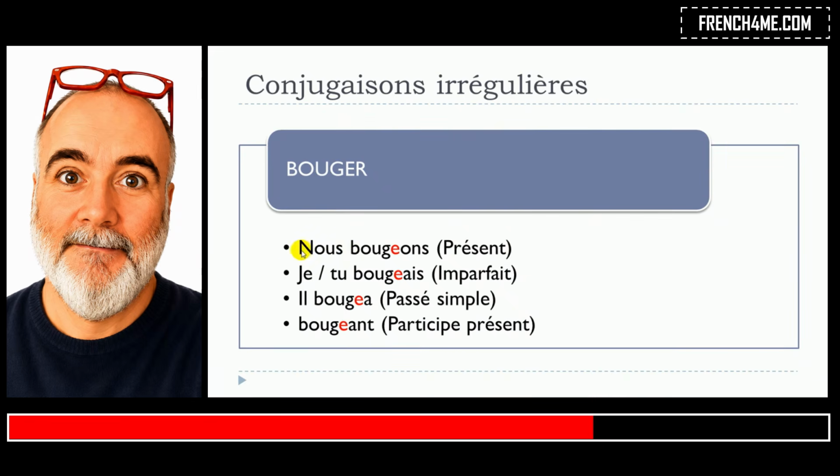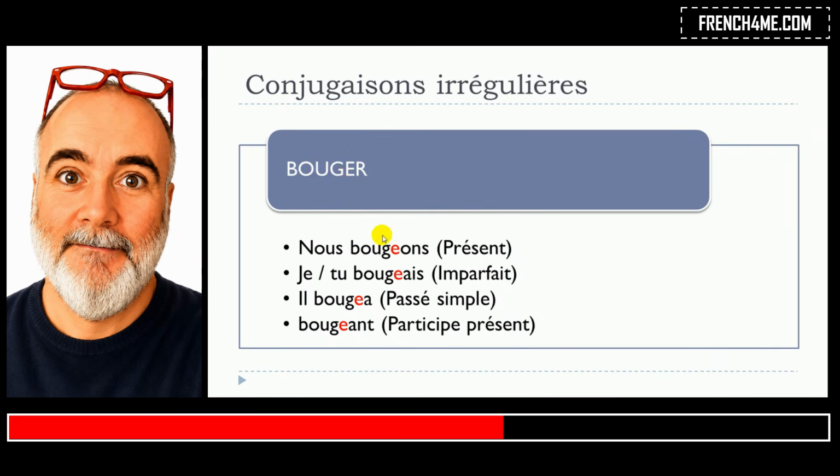Okay, so if you have a look, and if we would respect the rule, we should write it like nous B-O-U-G, so without this E here, O and S. But then let's just imagine that the E is not here. Phonetically, we would get the sound bougon, nous bougon. And then the problem is that it would be difficult to actually make a connection with the infinitive bouger, okay?